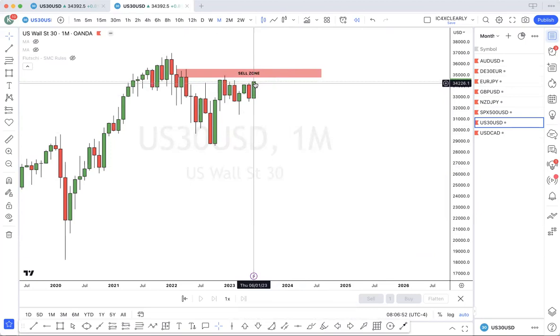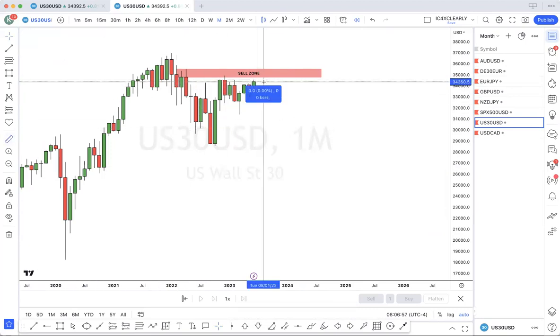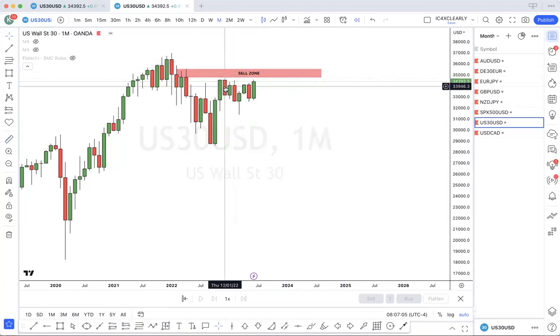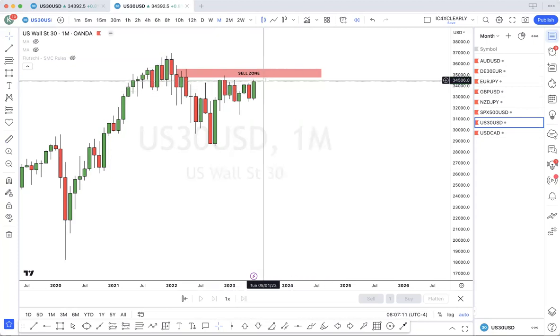So we're talking about 400 pips back up to the zone. So that is a month.